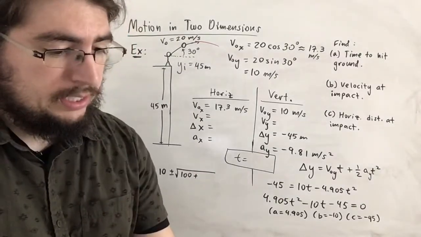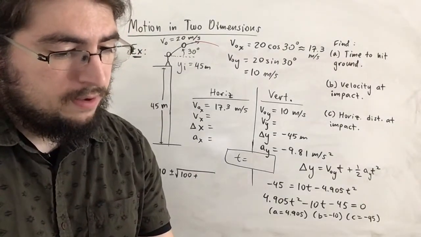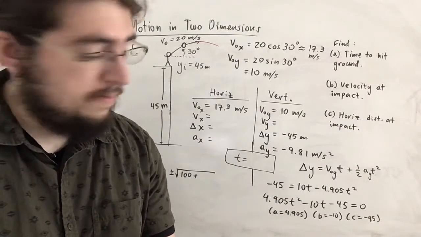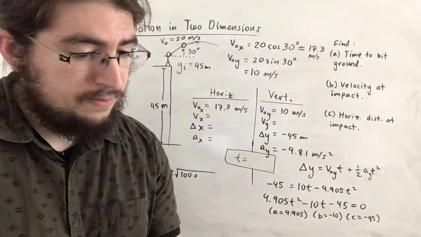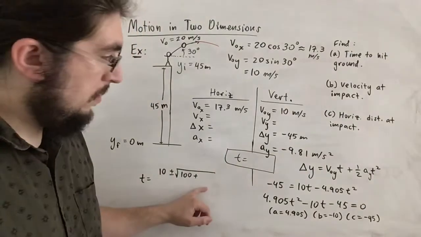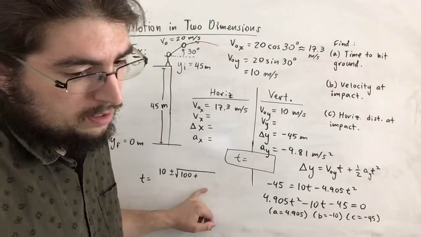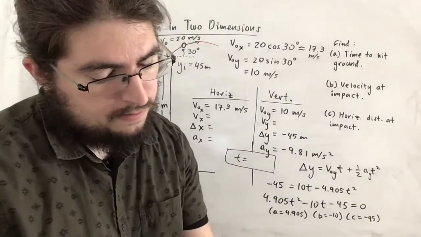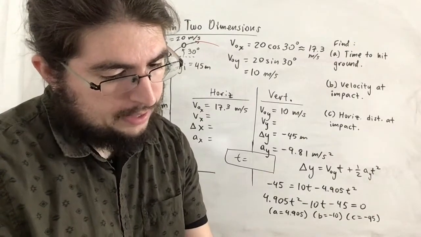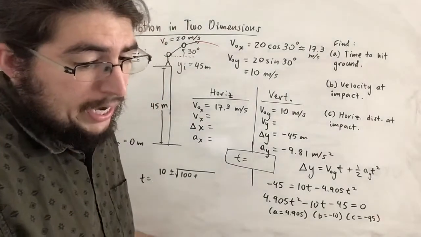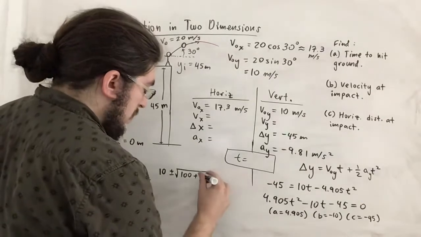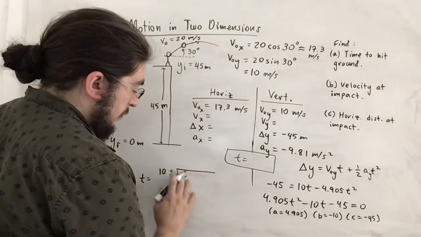So 4.905 times 45 and then times 4. So I get 882.9, and then plus 100, that's going to be 982.9.